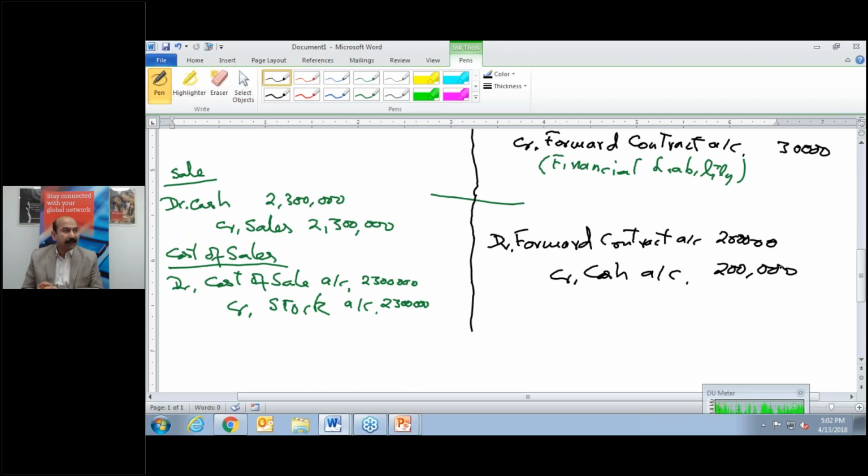Okay. So the next pop-up question is: for lease receivables, an entity has the option either to apply the general approach or the simplified approach.